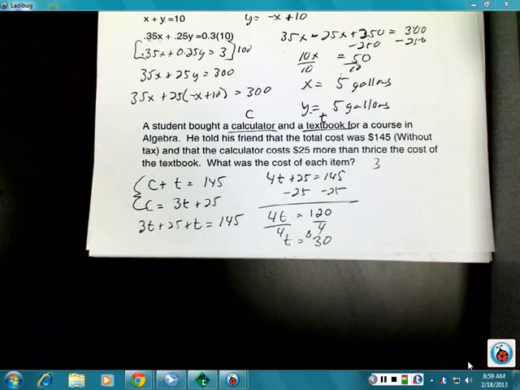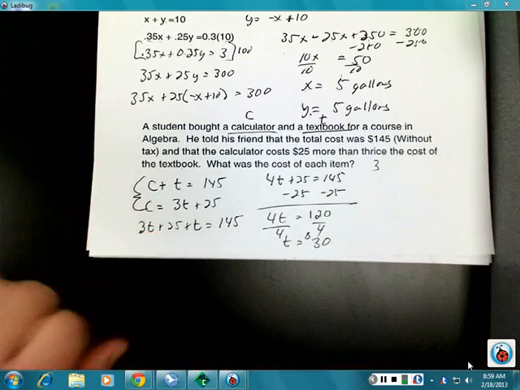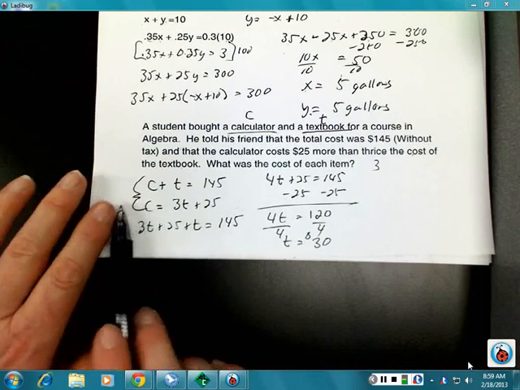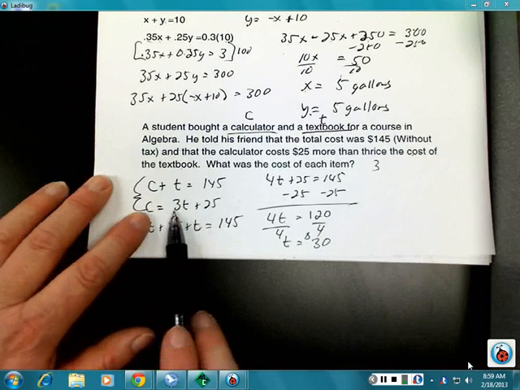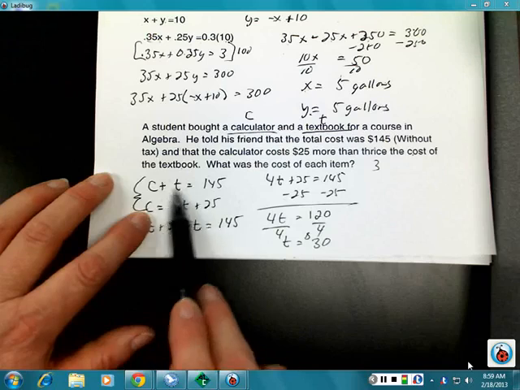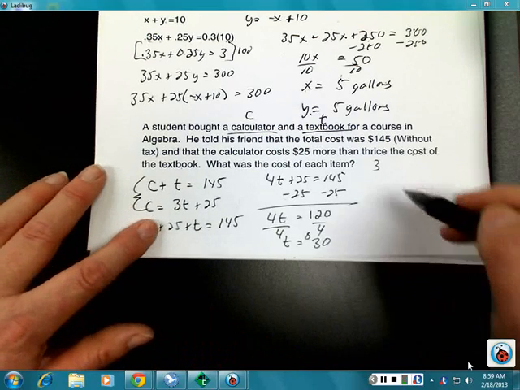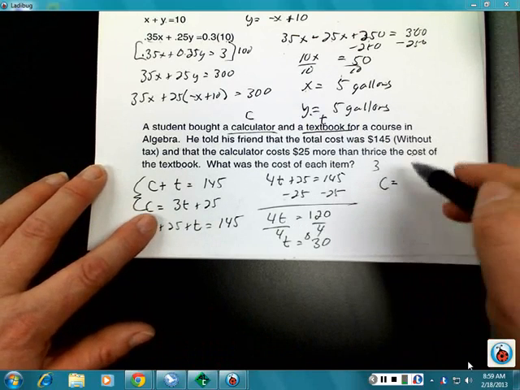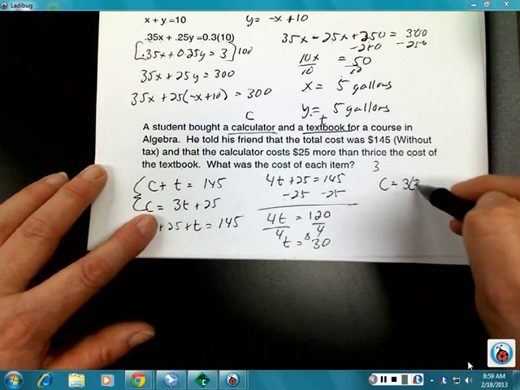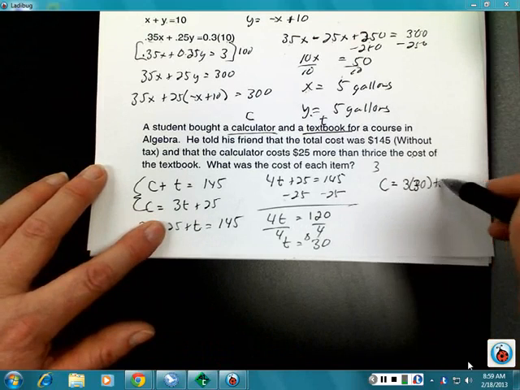Okay, but we want to know the cost of each item. So now I have to go back and find out what the calculator costs. If I plug it back here or here, does it make a difference? Not at all. Both are pretty easy, but I'm going to put it in that second one because then I will automatically have my value.